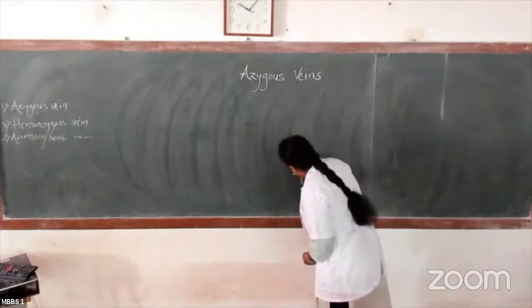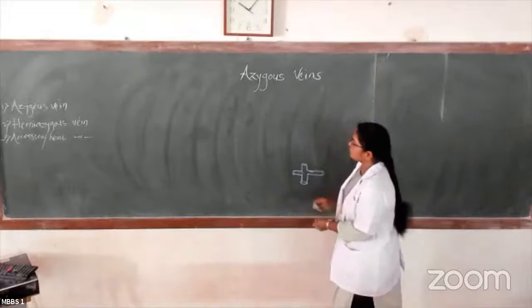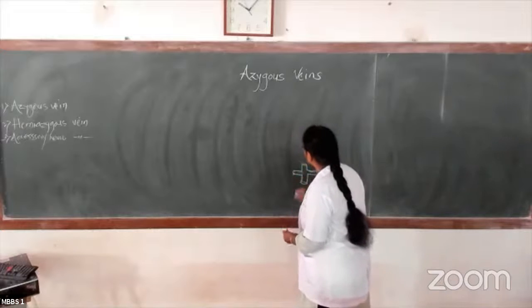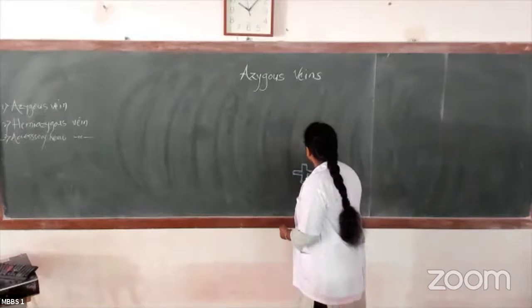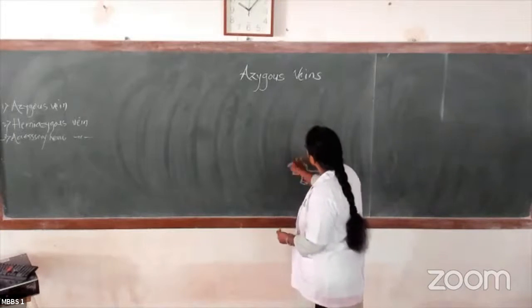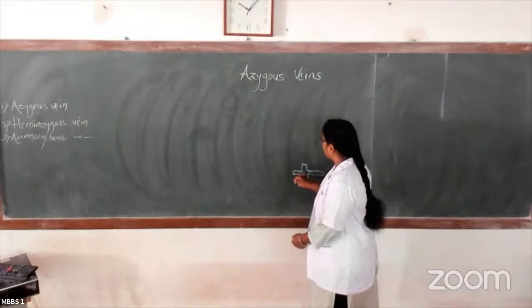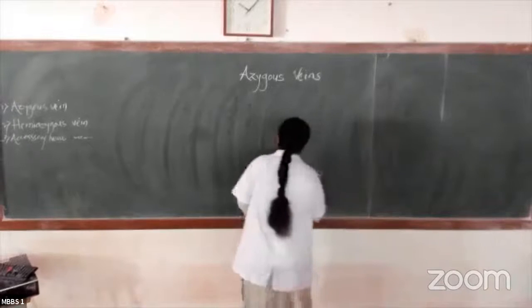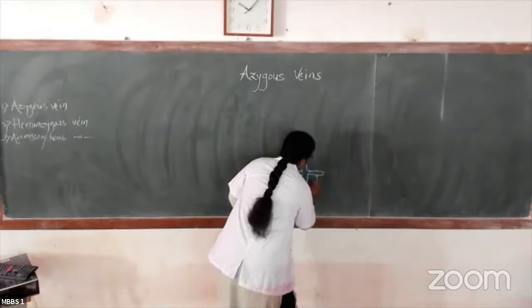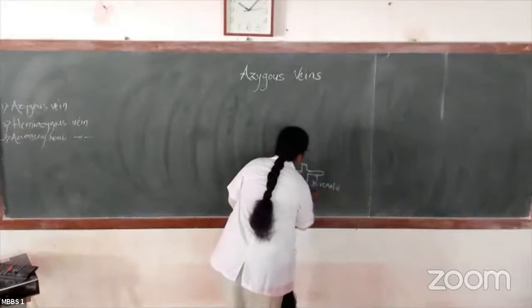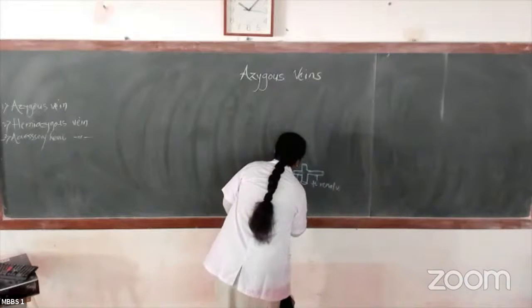This is the right renal vein. So generally the formation of the azygous vein takes place behind the inferior vena cava, below or at the level of this right renal vein. This is the left renal vein, and this is the right renal vein.